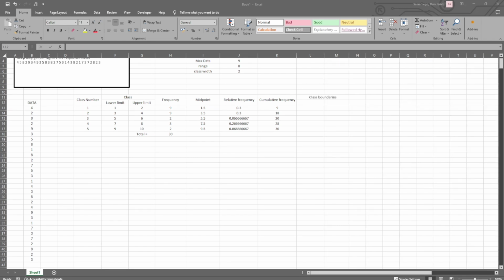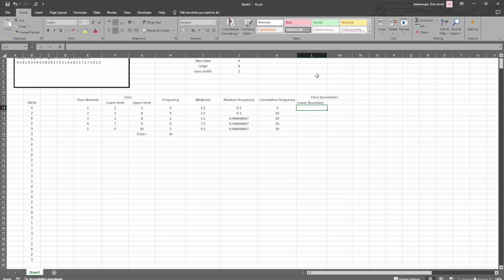The next is the class boundaries. First thing is the lower class boundaries. To get the lower boundary, it is simply equal to the lower class first row minus the lower class second row.